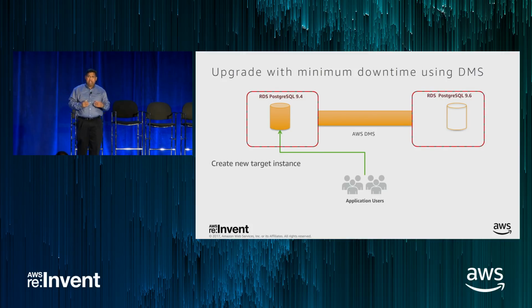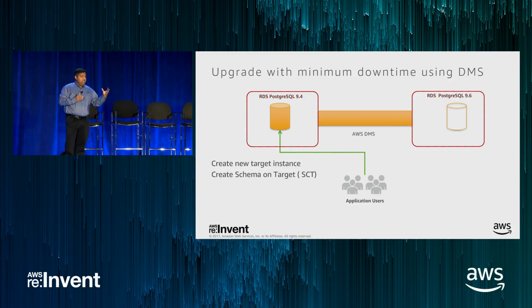So I want to show how that would work. Say, for example, I'm using 9.4.9, one of the latest minor versions of 9.4. And in fact, I want to do two things. I not only want to upgrade, but I want to skip a major version in between and go directly to 9.6. If I want to do that with very minimal downtime, the way I would do it is deploy a new, empty 9.6 instance.